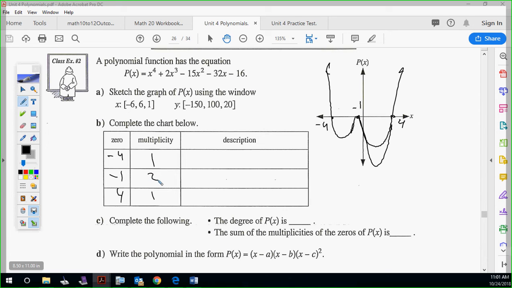So that means this one is what we call tangent to the x-axis. This one just straight through, and this one, same thing.